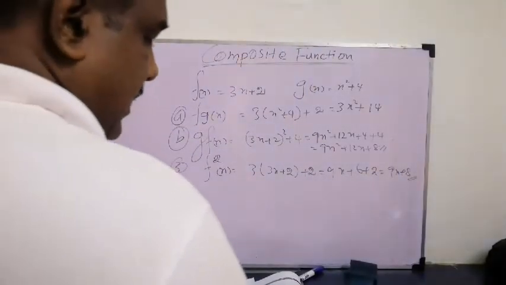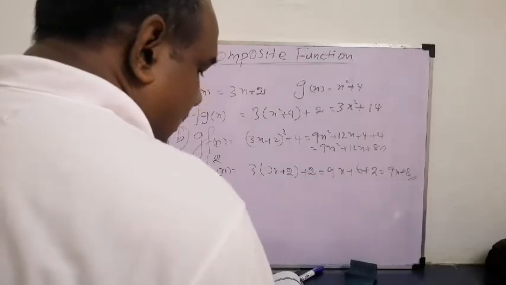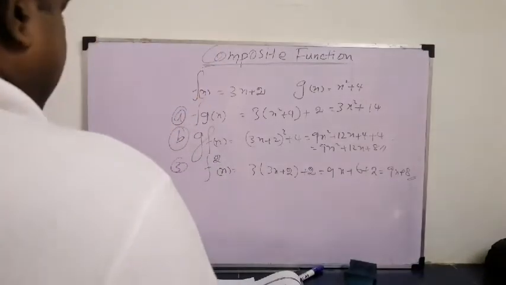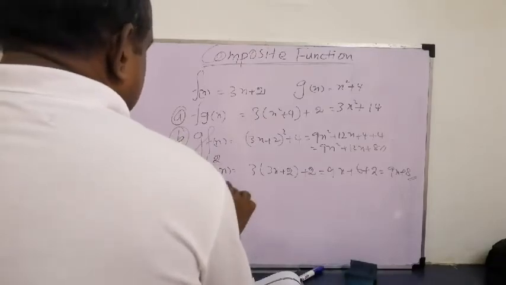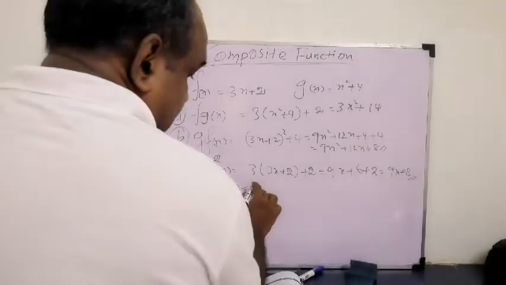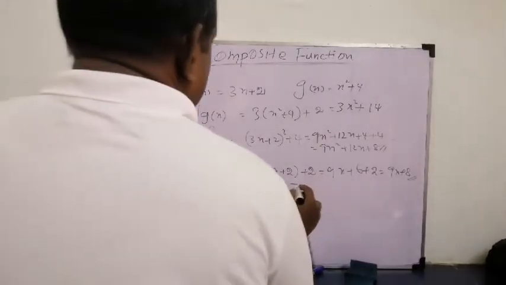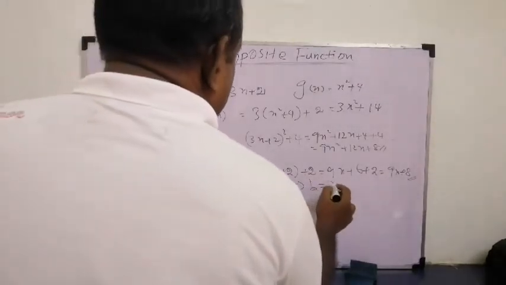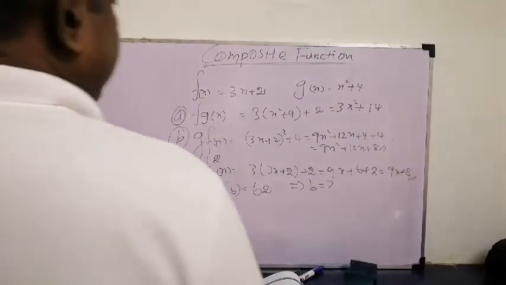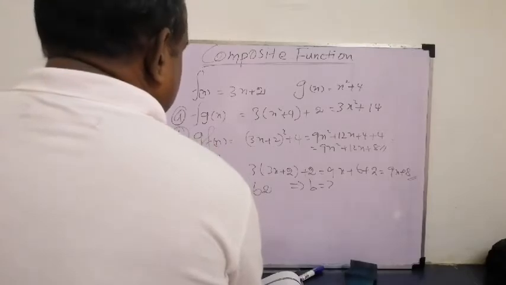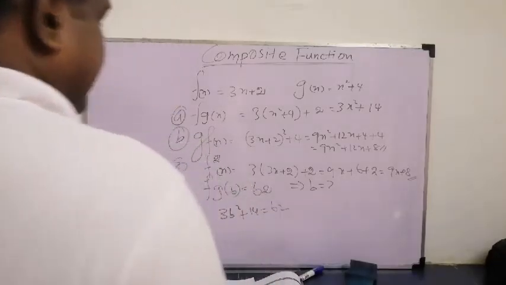The last one they are asking, they have given the fourth one, f into g into b is equal to 62 it seems. Find the value of b. So f into g(x) is going to be 3b squared plus 14 is going to be 62.